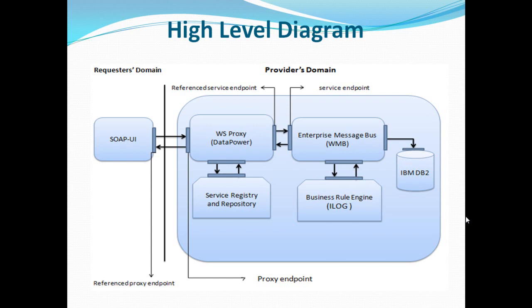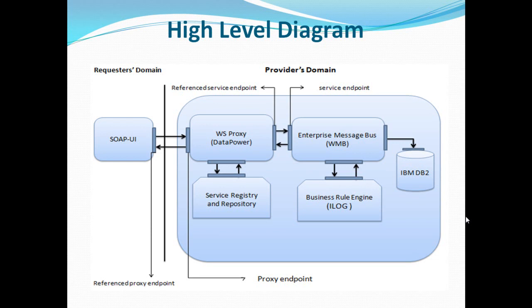For example, DataPower, where we have implemented a web service proxy which validates any incoming request, and which also subscribes to WSRR, where the WSDL file is published. After getting that file and validating the request, DataPower forwards the incoming request to the message broker.